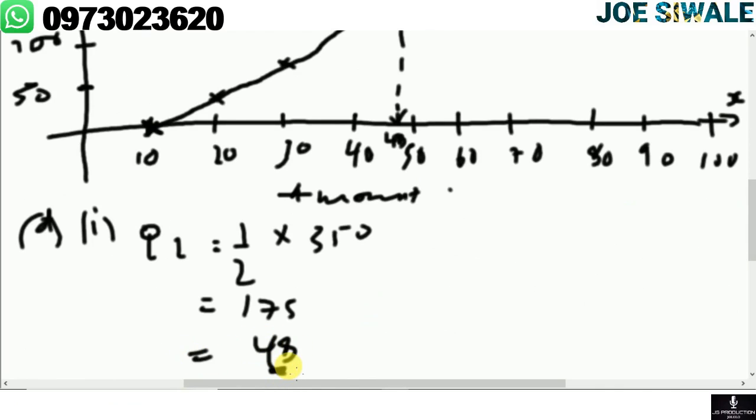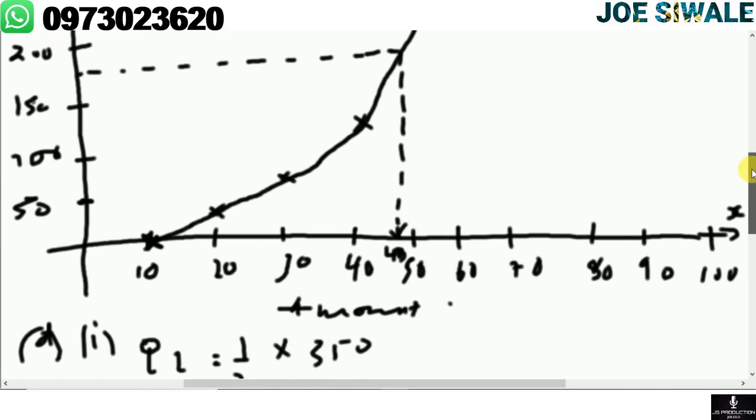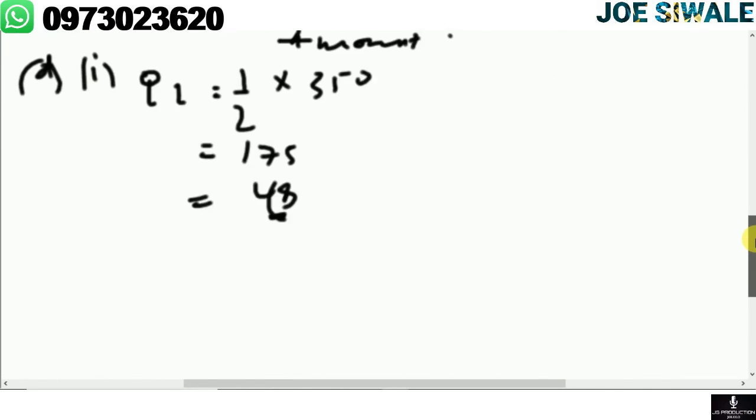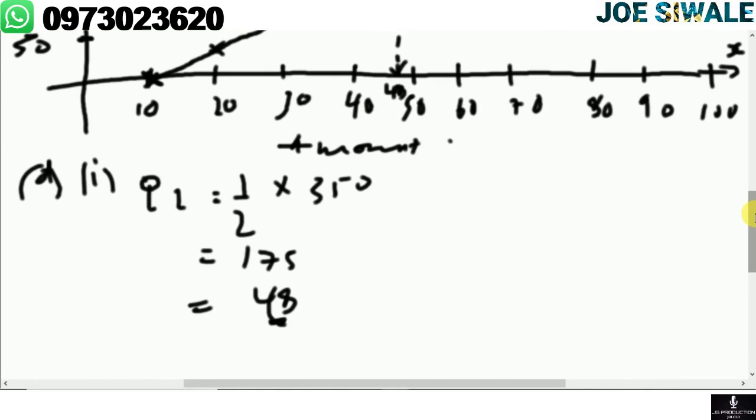Then let us look at Roman numeral 2, which says the semi-interquartile range. So for the semi-interquartile range, we know this is given by interquartile range divided by 2, or we can say Q3 minus Q1 divided by 2.